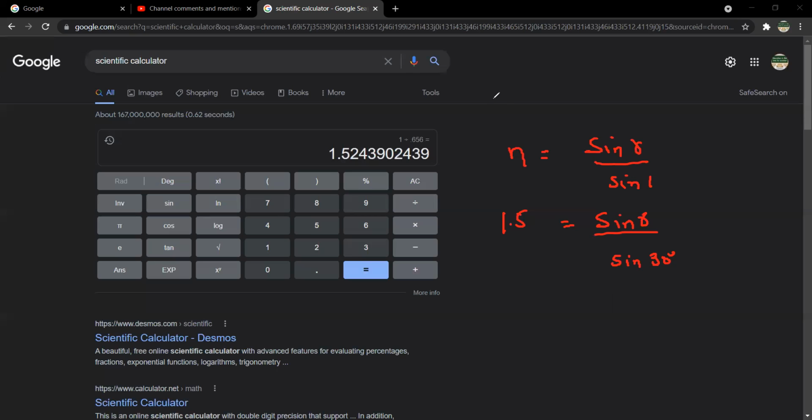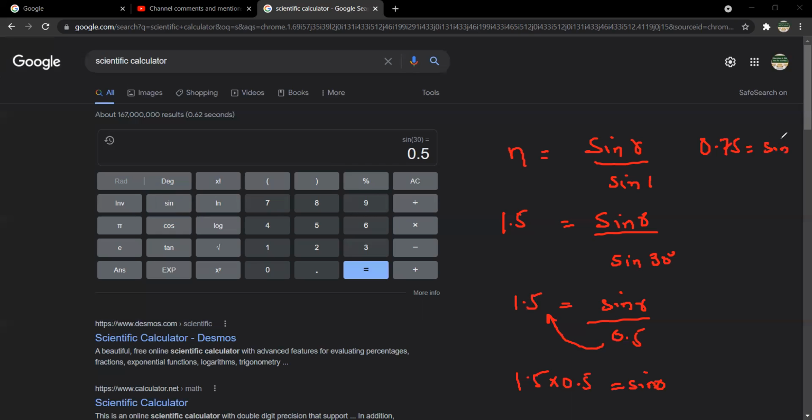So first we'll find the value of sine 30, which is 0.5. So 1.5 is equal to sine r over 0.5. This 0.5 is dividing, so on the other side it will be multiplied: 1.5 into half will be 0.75. So 0.75 is equal to sine r. We need r here, so that will be sine inverse 0.75.